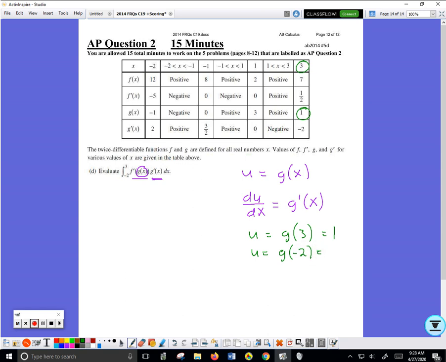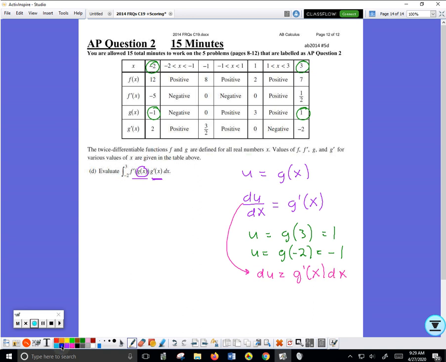G of negative 2 is negative 1. Right here, if I multiply the dx across, I end up with du is equal to g prime of x multiplied by dx.